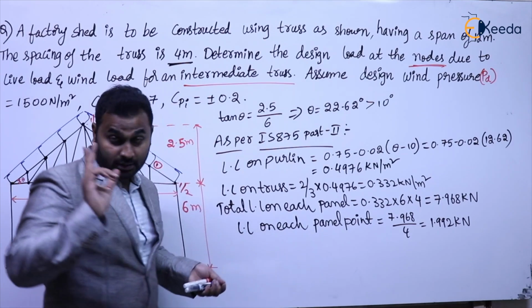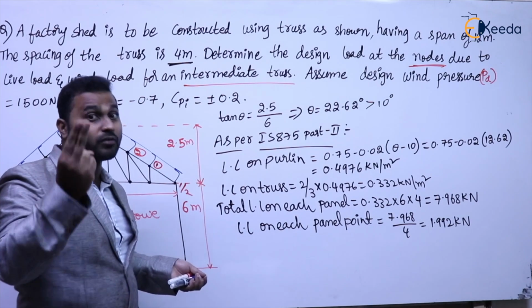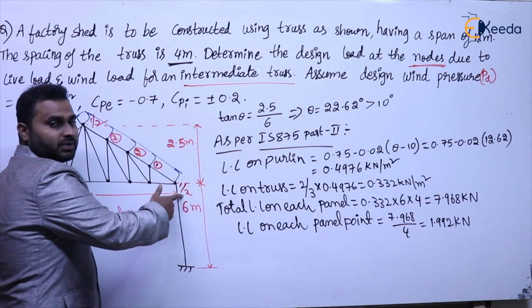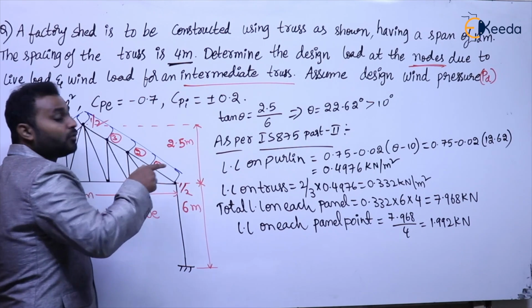Now for each panel, two types of nodes are there, or two types of points are there. These are the end points, which are considered as a half, and these are the full panel points.